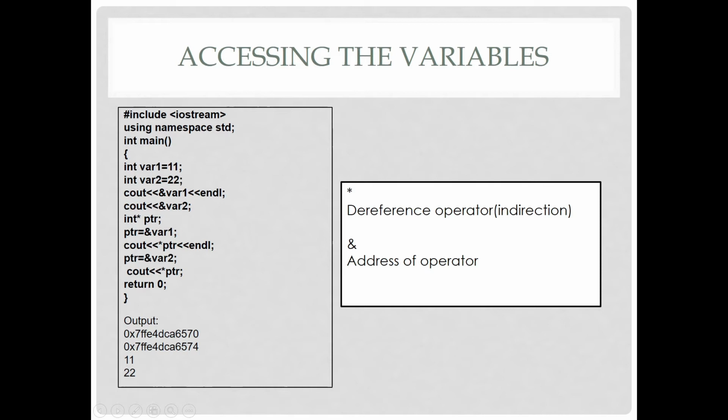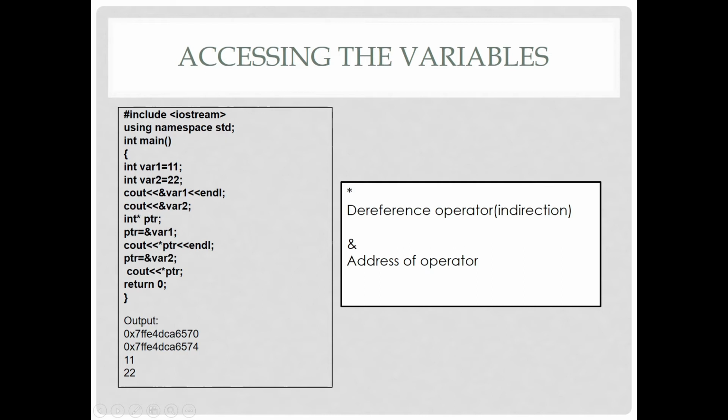And you can see this is a pointer variable, which we saw earlier, ptr, which is pointing to an integer. Now ptr is equal to ampersand var1, which means the address of var1 is now in ptr. If I want to print the value at that ptr, I should use a star here.